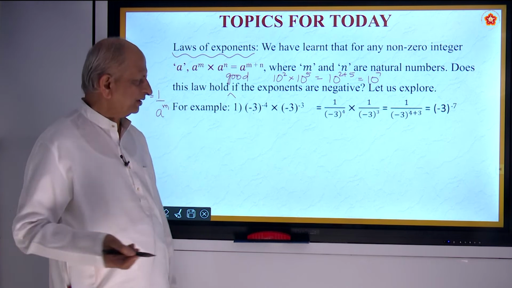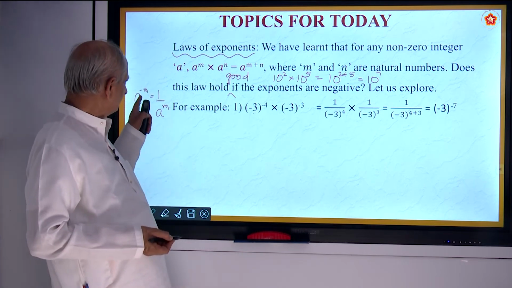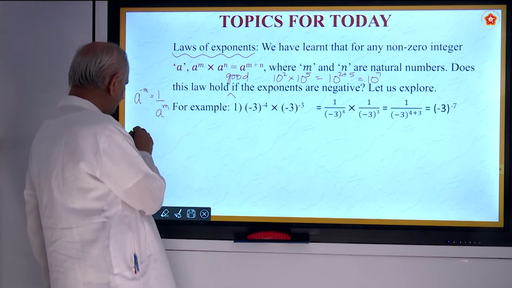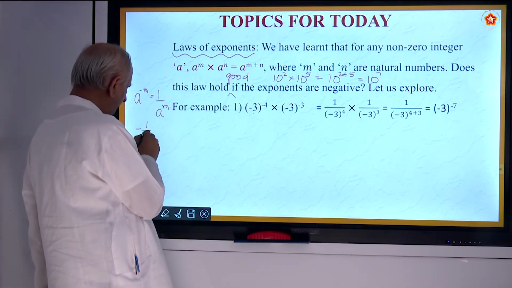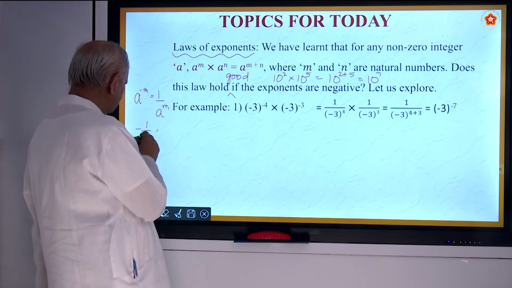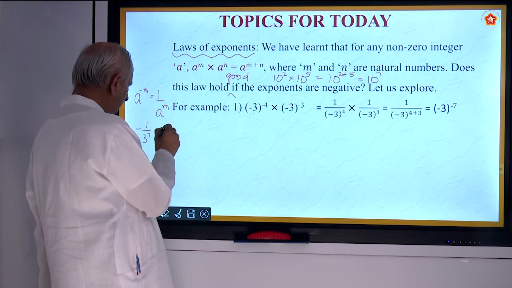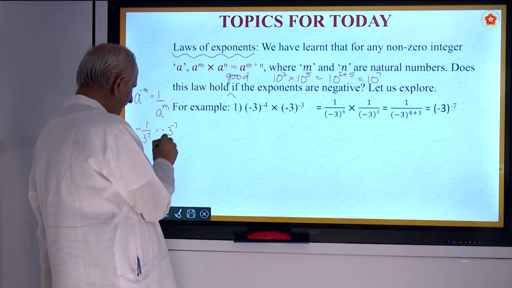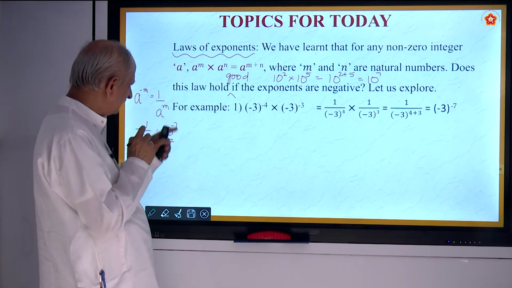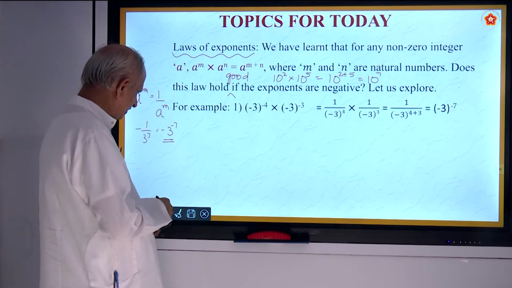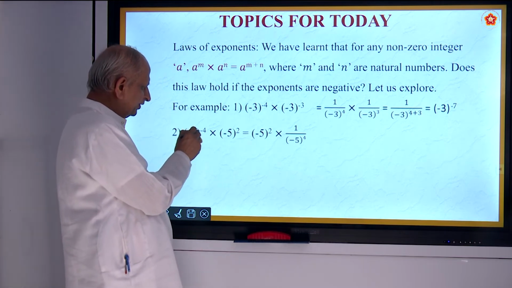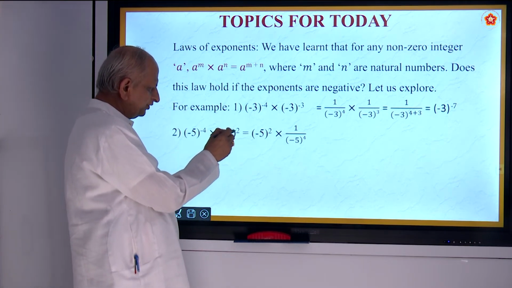So, when you bring it to the numerator, it will be minus 3 to the power of minus 7. Correct? So, plus 7 becomes minus 7. Note that.